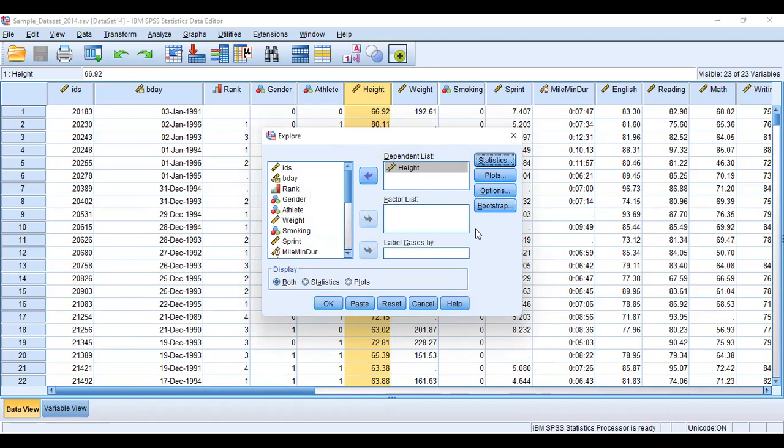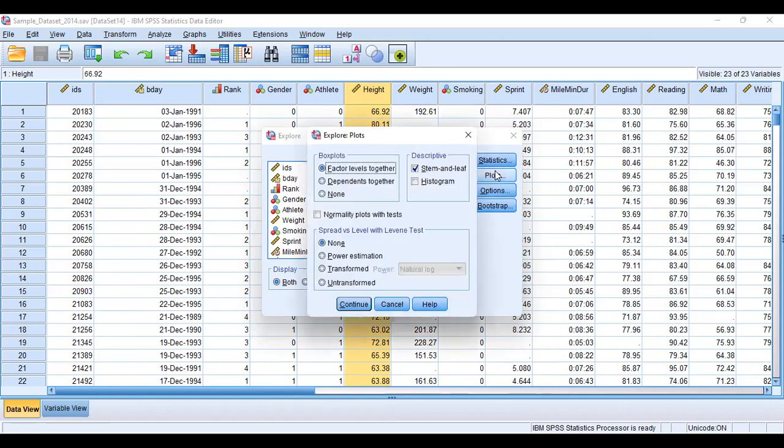Then we check on plots. Our stem and leaf are already checked. Then we also check normality plots with tests. Then we click on continue.